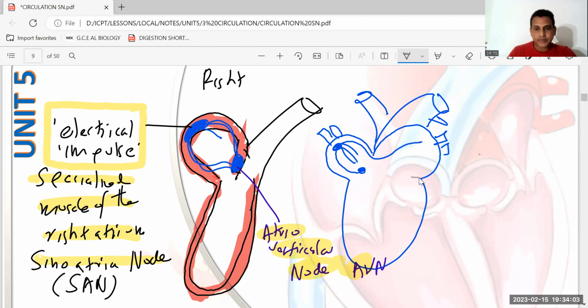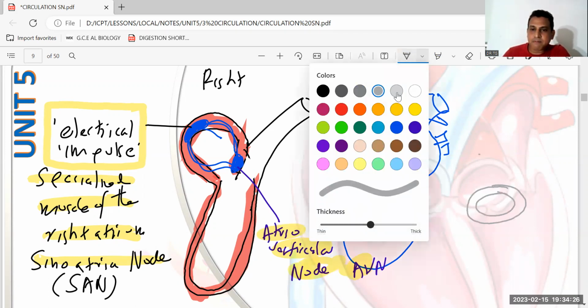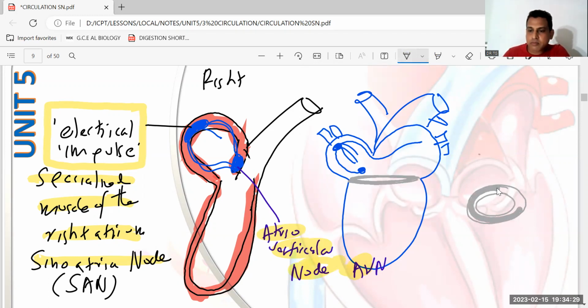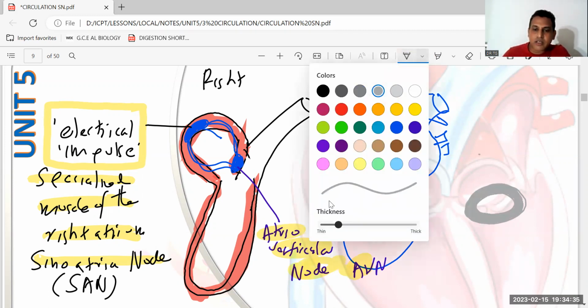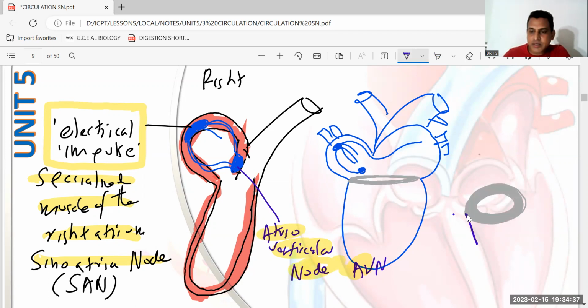In the middle here, the atrium and ventricle are separated by a fibrous ring. For example, if we cut from this place, it is like this. There is a fibrous ring, and this side represents the ventricles, and the other side represents the atrium.